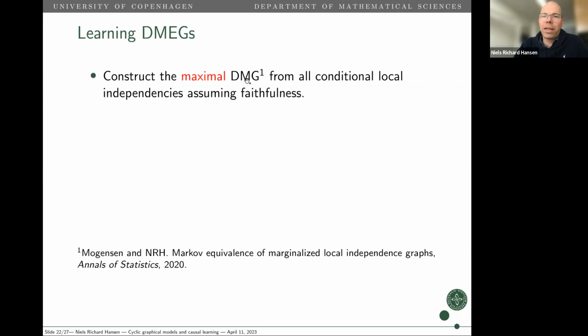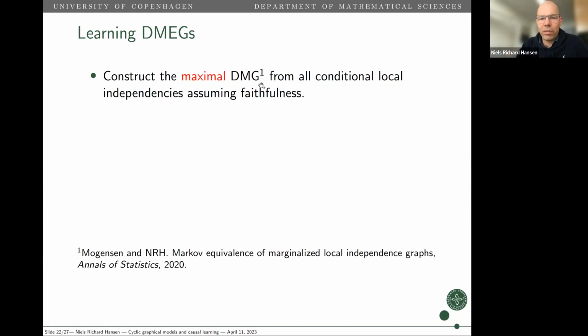We can construct the maximal DMG from all conditional local independencies, assuming faithfulness. So this is essentially the proof in our paper, showing that you can do this. If you list all the conditional local independencies, you can go through this list here, and then you can construct the maximal DMG.